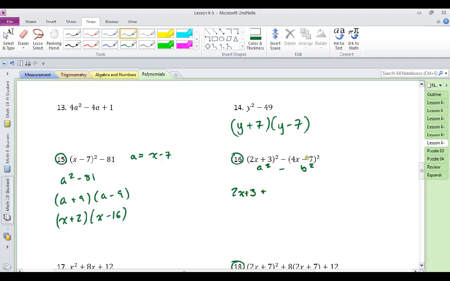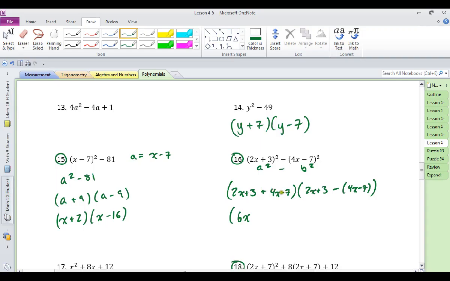Plus, what's the square root on this side? 4x minus 7. And the other one is the same thing. 2x plus 3 minus 4x minus 7. Correct? What's 2 plus 4? 6x.